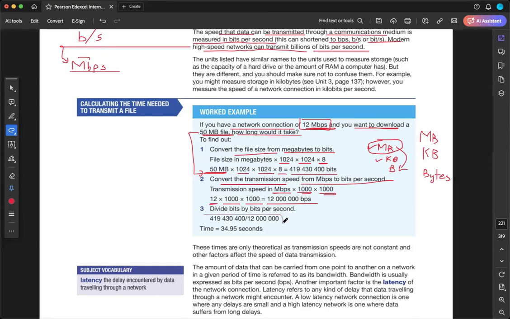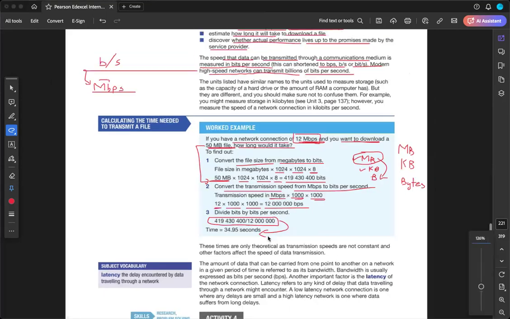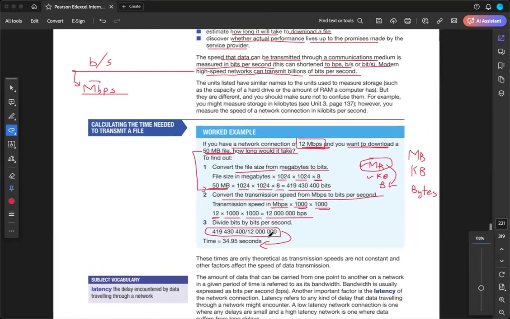After division, you get this answer. But you need a calculator for these calculations, and I think a calculator is not allowed. So in your exam, you will not get these types of big calculations. Definitely, you will get some minor units. This is my idea. Please write down this numerical in your notebook.